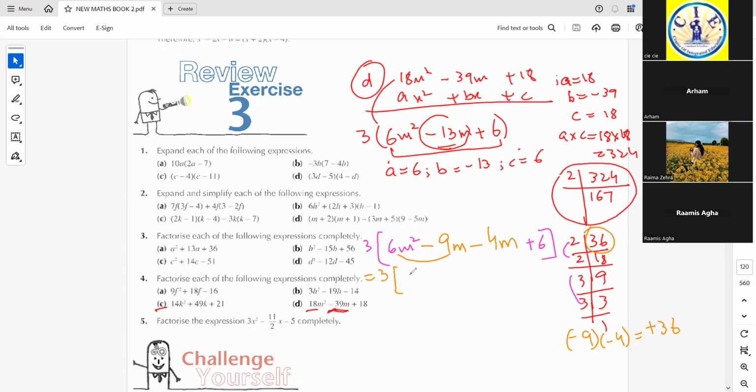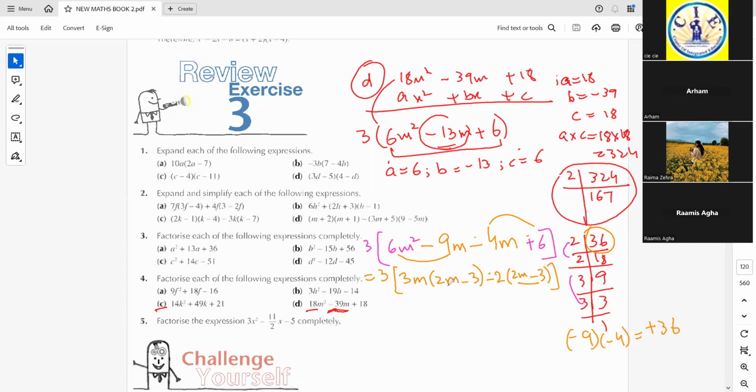Now pairing up the first two terms, you can have 3m common, then 2m minus 3. Then from these two, you can have just 2 common and you are left with 2m. And since you have taken the negative sign common here, this positive sign would change to negative and then 3.